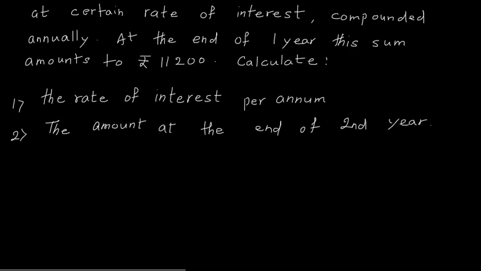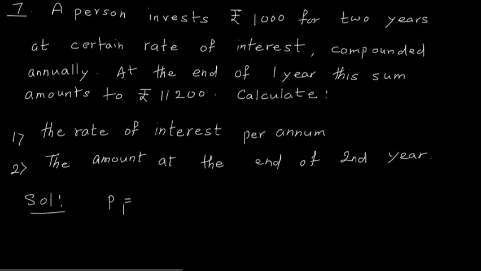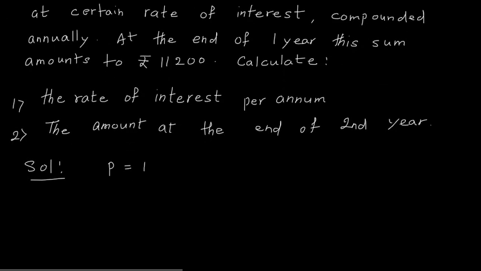Okay, so in solution I will say that principal is given 10,000 rupees, then amount at the end of 1 year, that is A1, I will say it is 11,200.